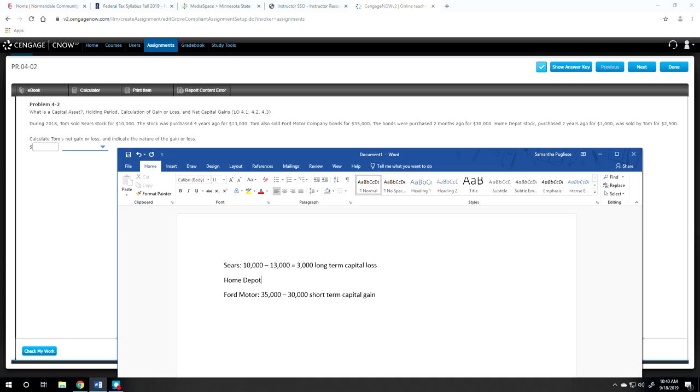So Home Depot was sold for $2,500 and he bought it for $1,000. So that is a long-term capital gain. So we have a long-term capital gain and a long-term capital loss.